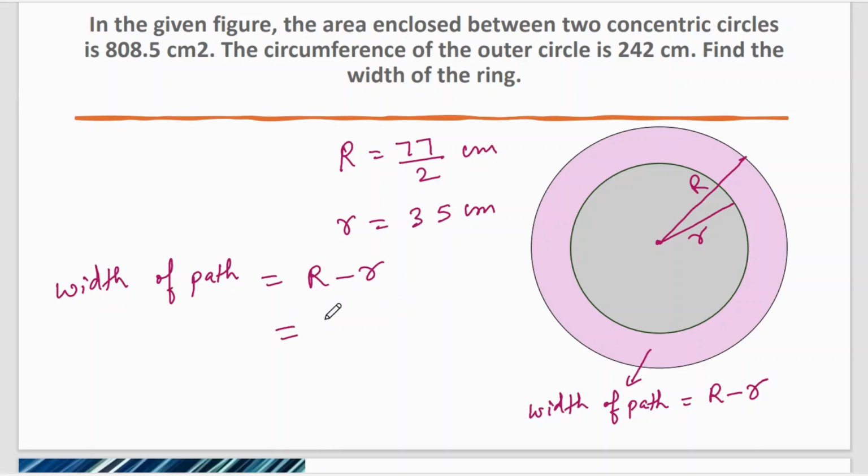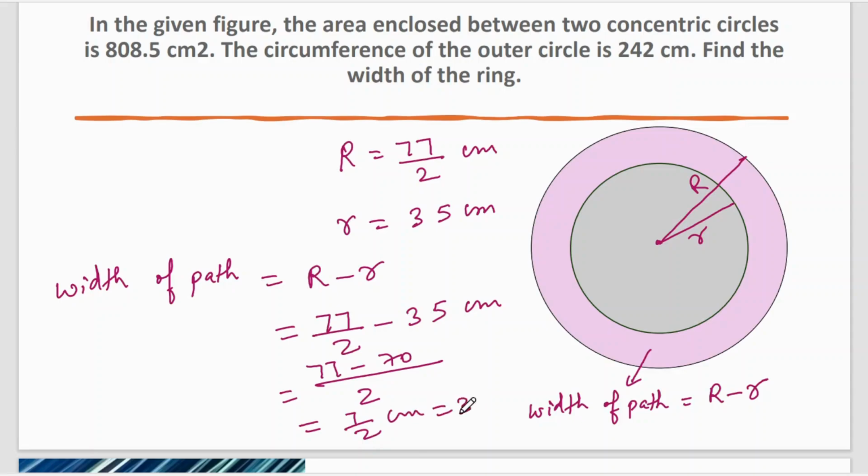Remember this formula. Okay. So 77 by 2 minus 35 centimeter. So you can take the LCM, 77 minus 70 is equal to 7 by 2 centimeter, or you can say 3.5 centimeter. Okay, this is your answer. But you cannot directly jump to this conclusion.